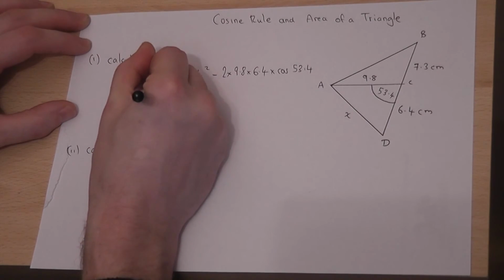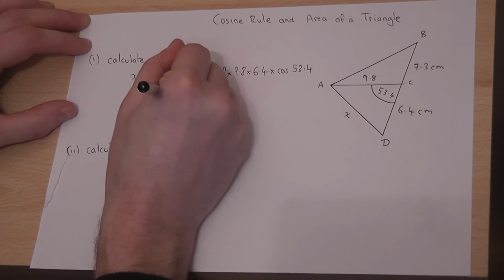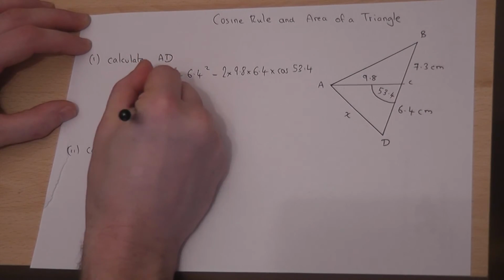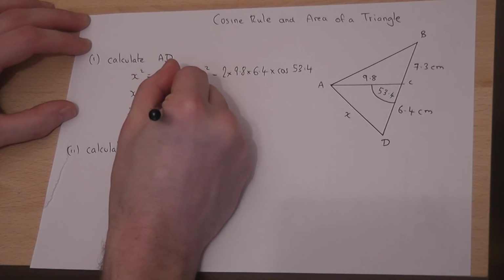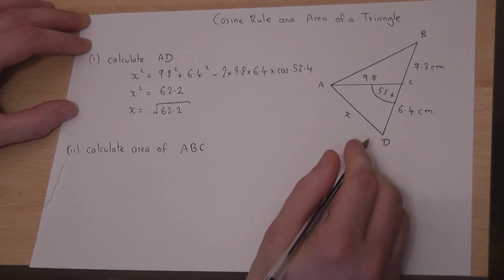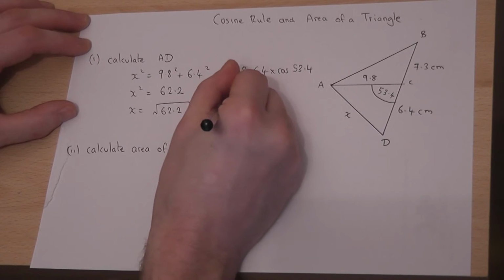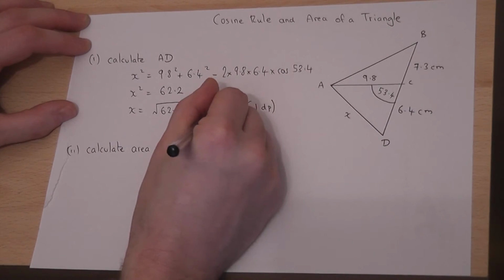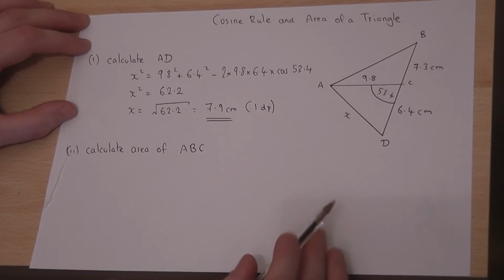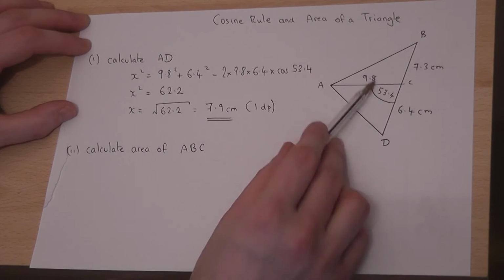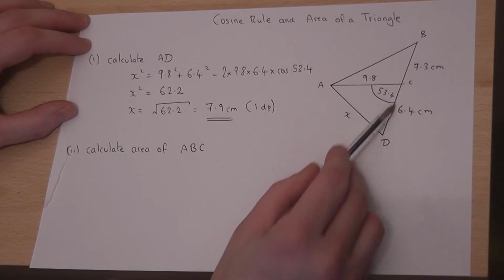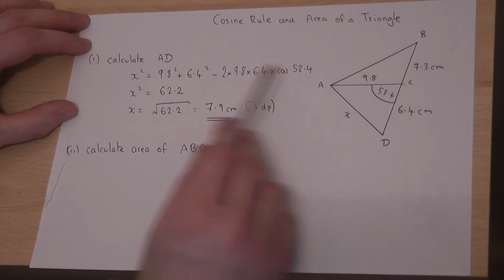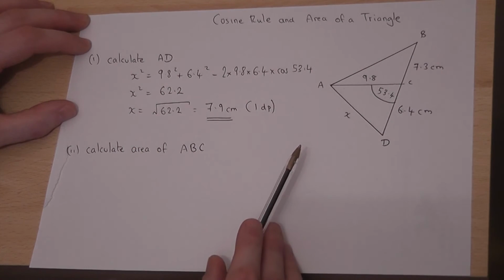This gives us that x squared is equal to 62.2. So to find x, we just do the square root of 62.2, which works out at 7.9 centimetres to 1 decimal place. So again, if we know two sides and an angle between them, SAS, we can find the side opposite the angle using the cosine rule.